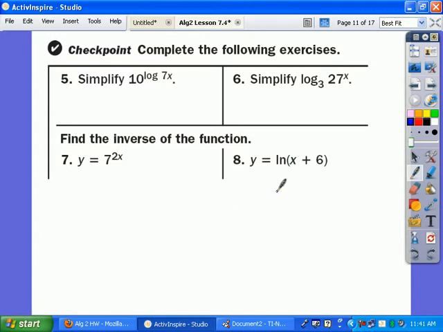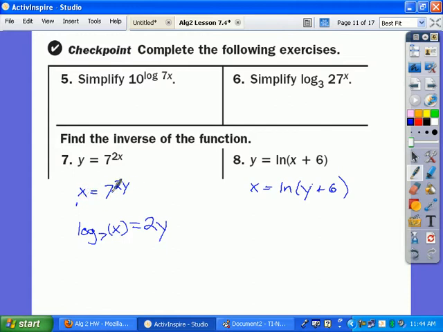All right. So I went ahead and switched x and y. And now we're going to switch our formats. So this will be log base 7 of x equals 2y. This is the base. This is what it equals. This is the exponent. I almost have it to say y equals.